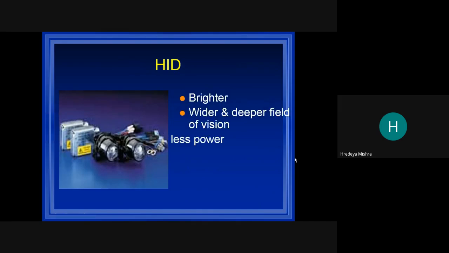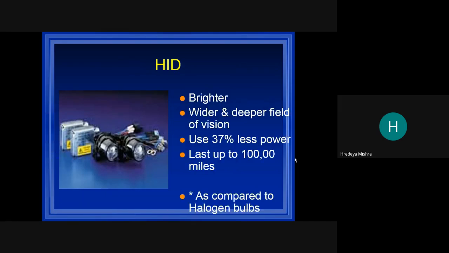So these are the advantages of HID lights, like LED, the most advanced electric bulb for domestic purposes.